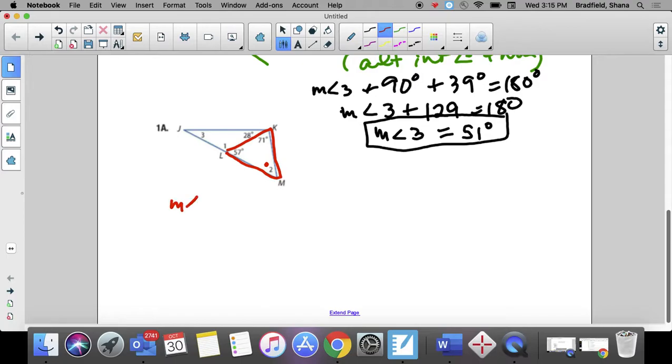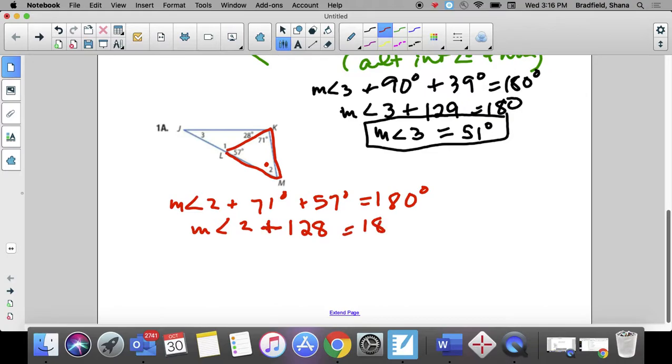So the measure of angle 2 plus 71 plus 57 would have to equal 180, triangle angle sum theorem. Then 71 and 57 would be 128. And then I would subtract 128, so the measure of angle 2 is equal to 52 degrees.